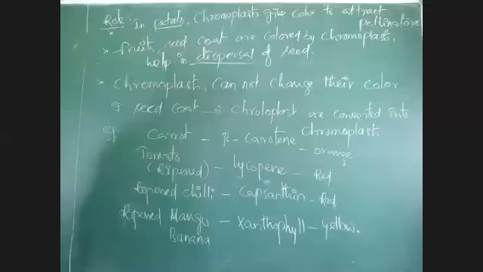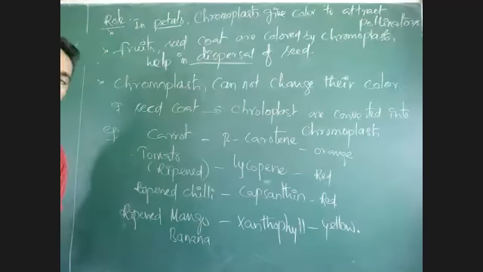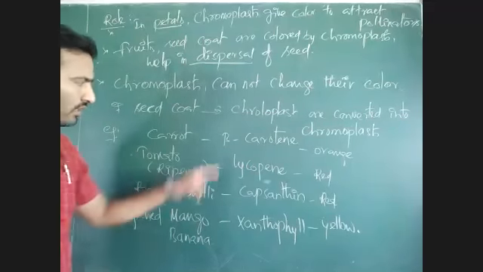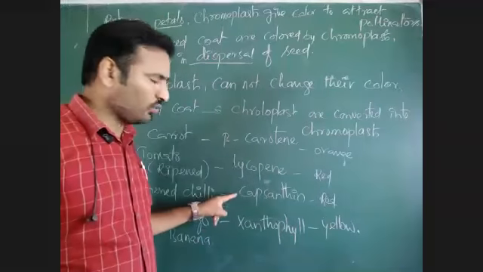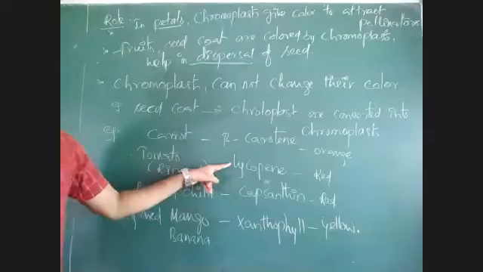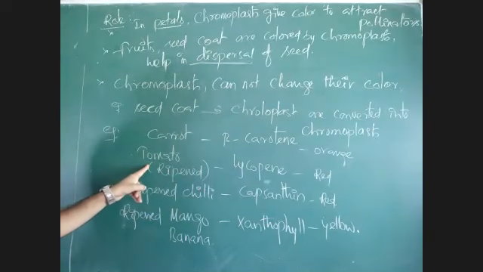These are some important pigments. Along with carotenes and xanthophyll, I told you lycopene is a pigment which is red in color, present in ripened tomato.